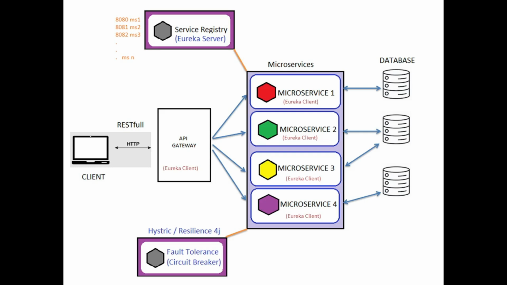When any microservice is down and unable to fetch the response, then we should configure and write a fallback method so that we can give a response to the client. So here we learned integrating an API gateway, communication between multiple microservices, service registry, and fault tolerance, which is the circuit breaker.